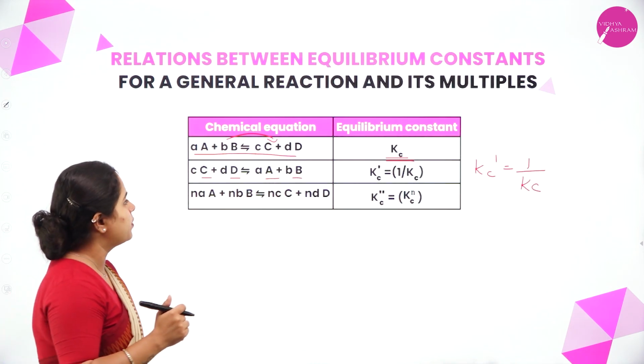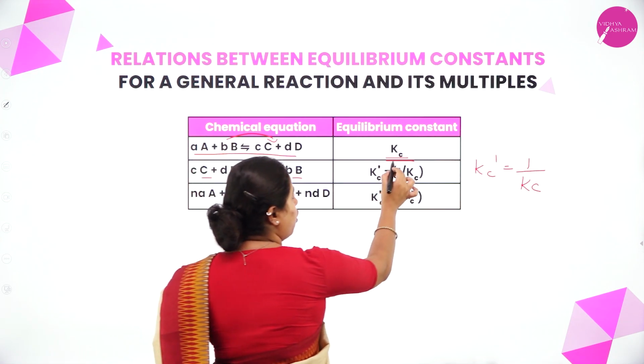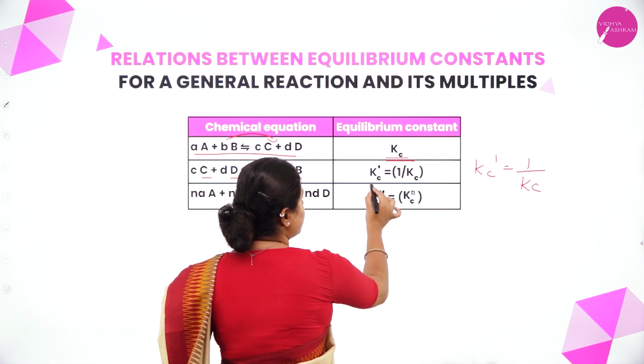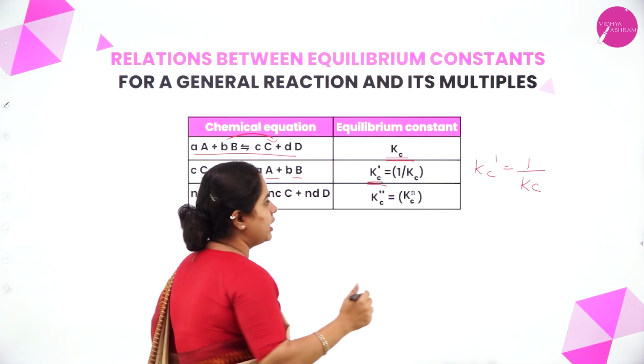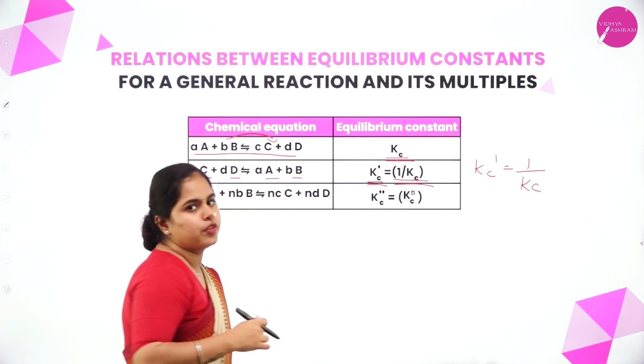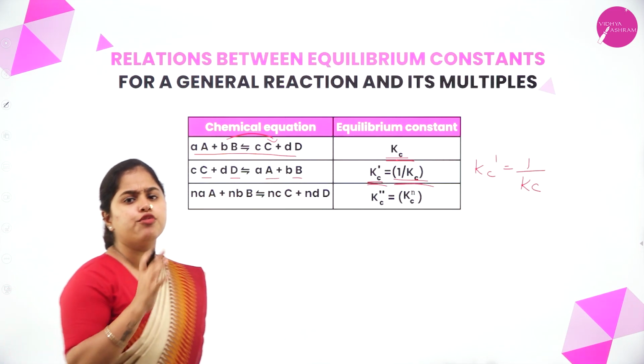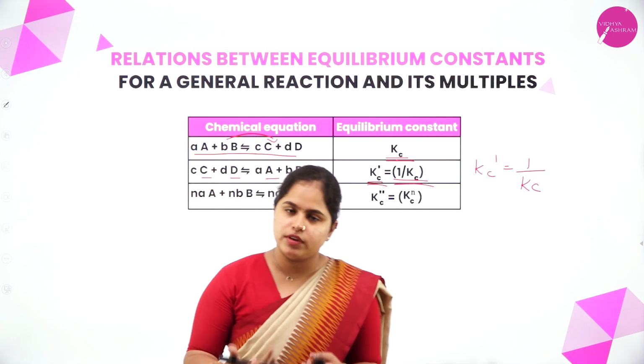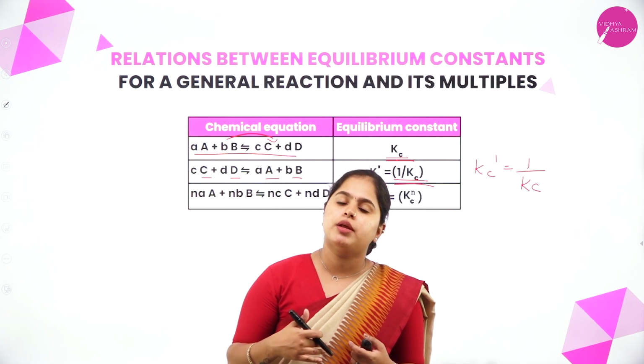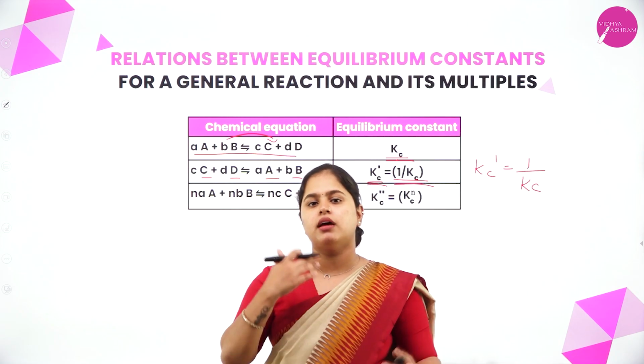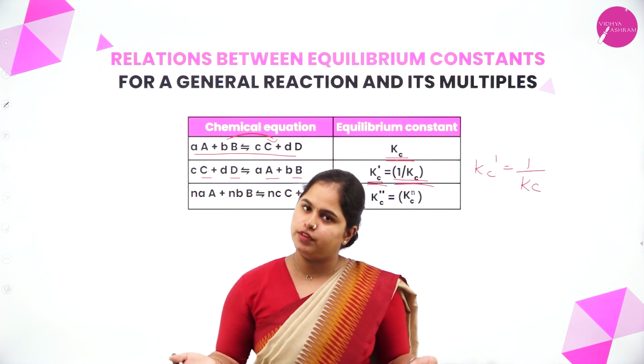Okay, so I hope it is clear. As you can see, for the forward reaction it is Kc. Now for the backward reaction, that is Kc dash, it is 1 by Kc. Okay, so if you know the equilibrium constant for the forward reaction, we can calculate the equilibrium constant for the backward reaction by taking the inverse of it. It will be inverse of each other, right?